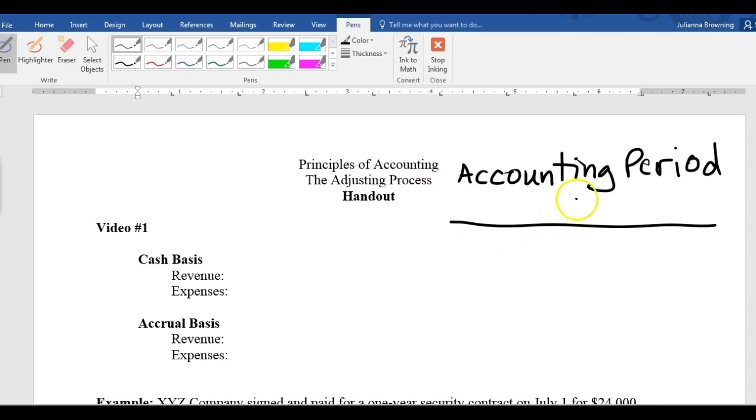So we need to make an artificial break in the time periods so that we can determine what goes in, let's say, year one versus what transactions, what items would go into year two. So these time periods are typically either a month, a quarter, or a year.